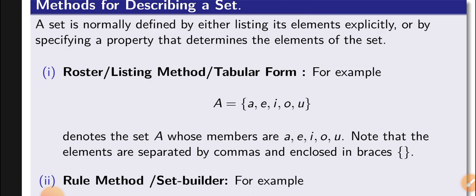Roster, listing, or tabular form is where you list all the elements explicitly. For example, if you say set A contains a, e, i, o, u, that's the listing method.